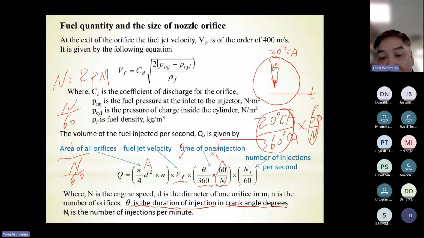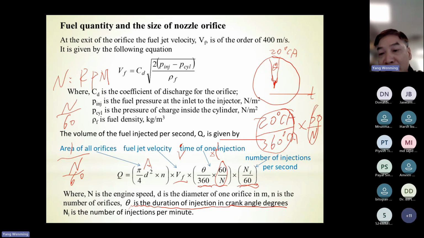Then times the number of injections per second, so we can get the total injection time in 1 second. N_i is the number of injections per second.